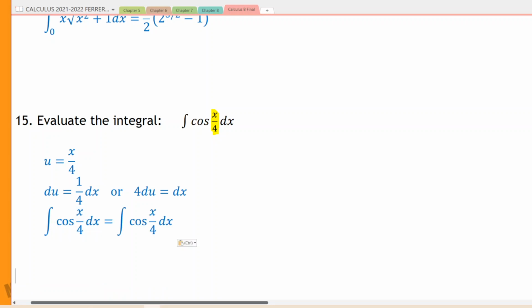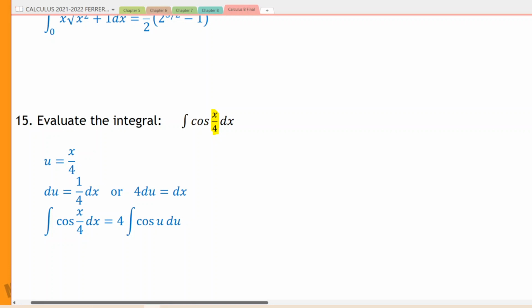So my first substitution, instead of x over 4, I'm going to make that a u. And then this dx, we're going to replace with 4 du. Perfect. Now we can take that 4 and move it outside of the integral.